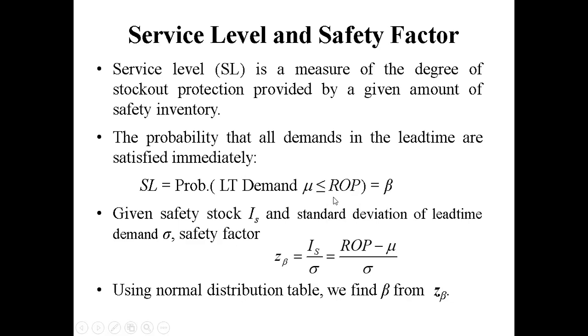This is the service level for the lead time period, so that the lead time demand will be less than or equal to the reorder point. Why is it like that? Because if you look at your reorder point, this is your reorder point, and this is the lead time demand.